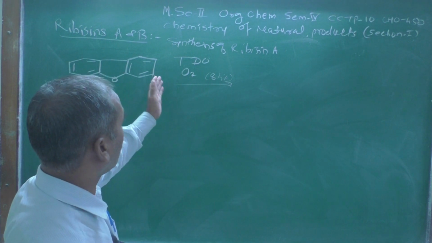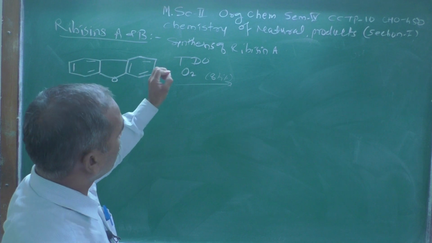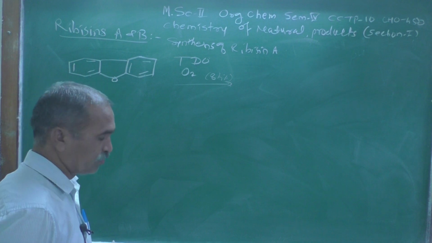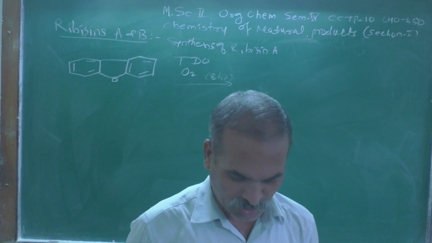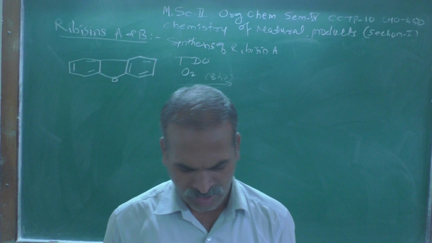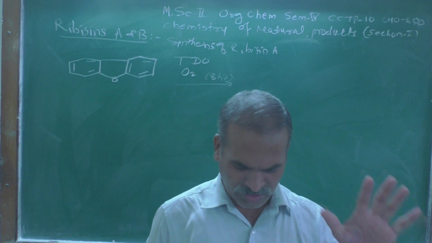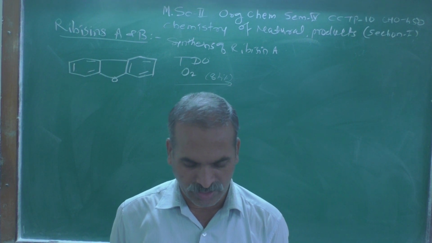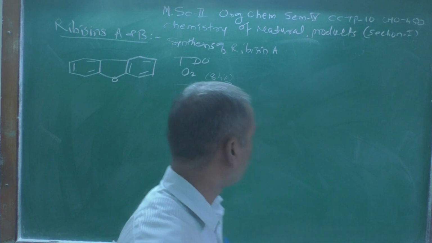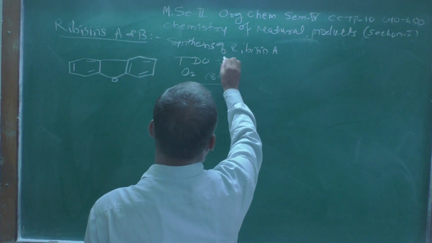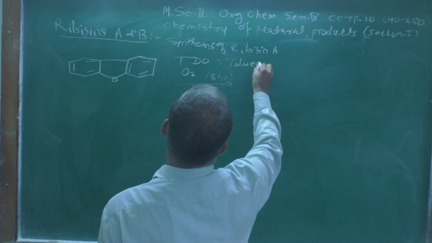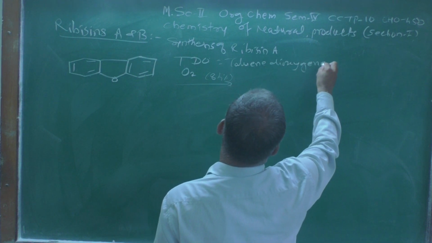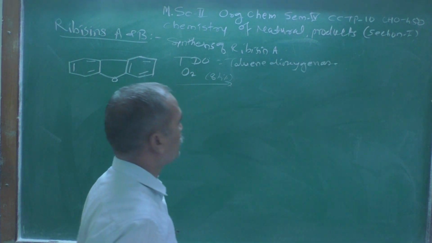In that type of catalysis, T stands for toluene, and the full form of TDO is toluene dioxygenase.